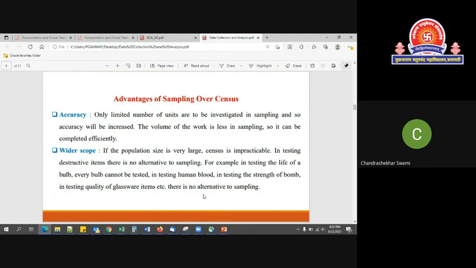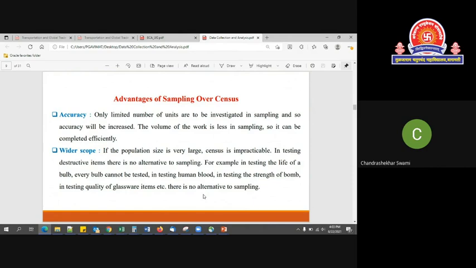Just test two or three atom bombs, and you can conclude whether your atom bomb quality is good or bad. Suppose you are testing the lifetime of an electric bulb, and you test each and every bulb, then nothing is left in your hand to sell, because that means every bulb has failed after some time, after your complete study.